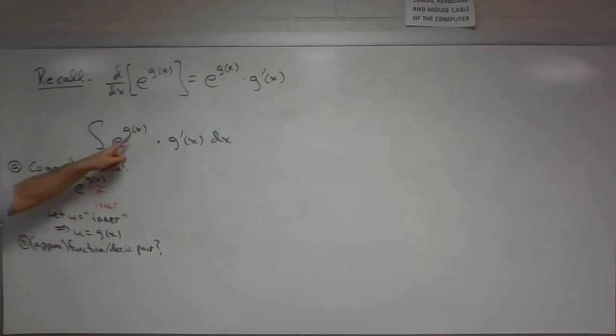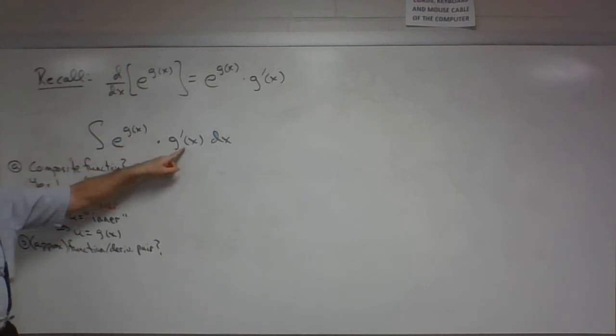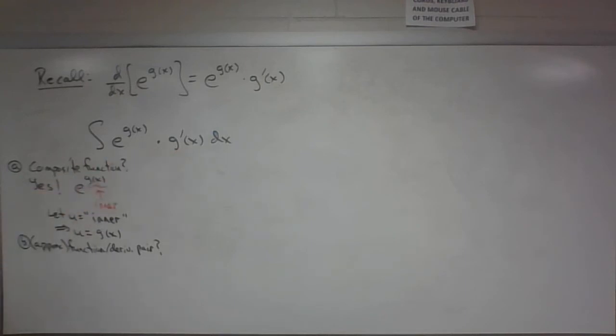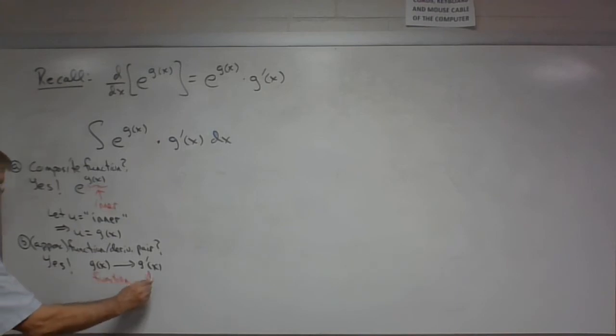So do we have a function and its derivative or a constant multiple of the derivative somewhere else? And we do. We have g of x and g prime of x. So here's the function of the function derivative pair, and here's the derivative.